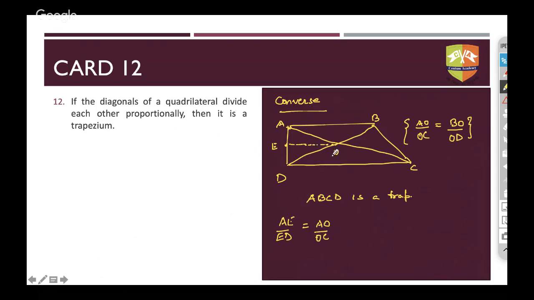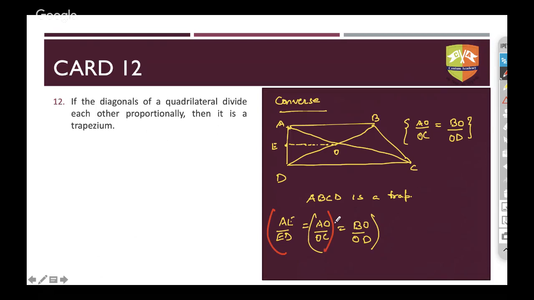There's no problem. So you can find a point E on AD such that AE upon ED is equal to AO upon OC, and hence equal to BO upon OD, because this was given anyways. So you have to take first this combination. Which combination? So these two.